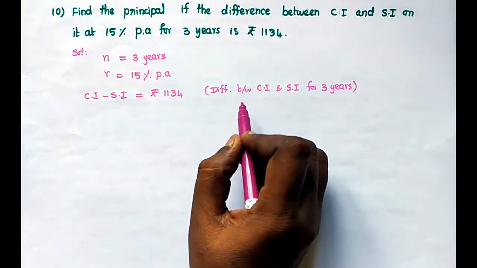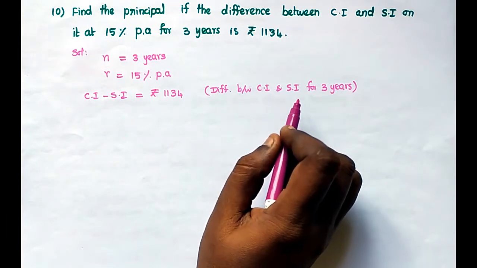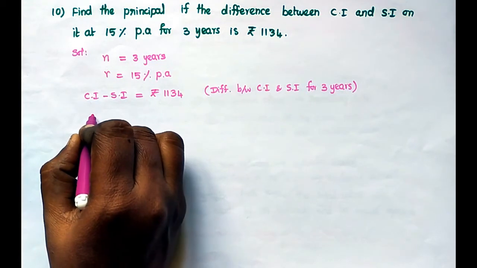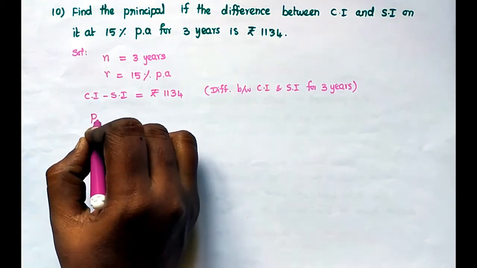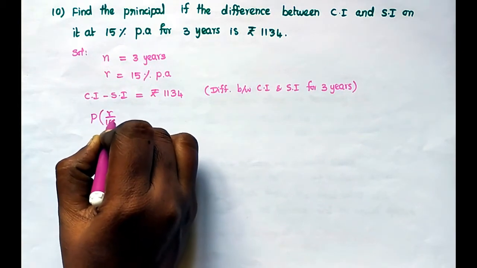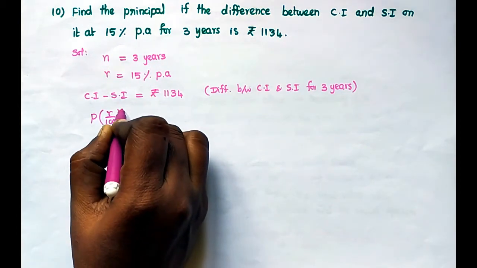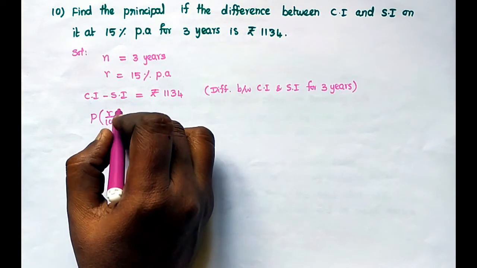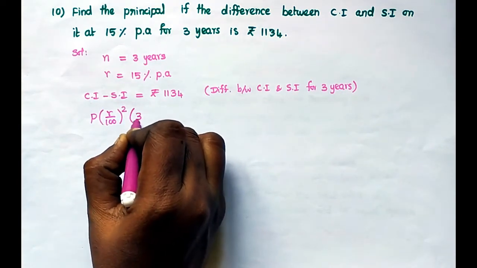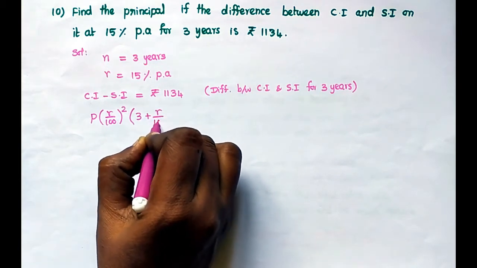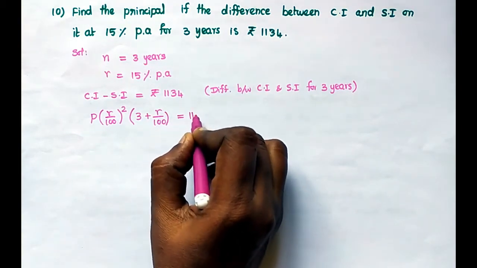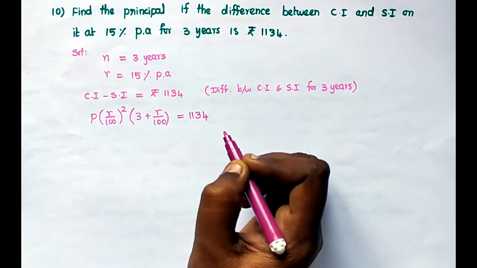Now the difference between compound interest and simple interest for 3 years, formula: P into R by 100 power 2 into 3 plus R by 100 equal to 1134.